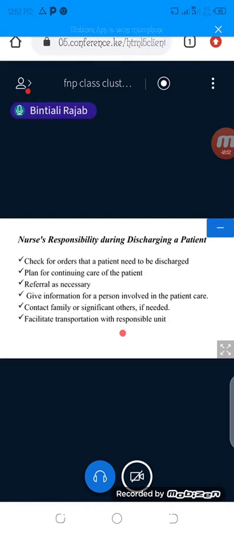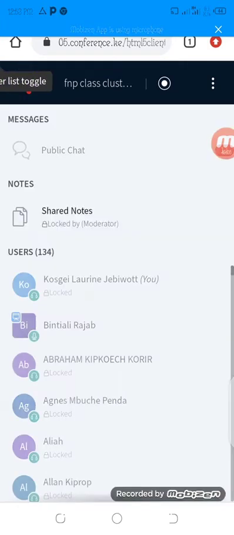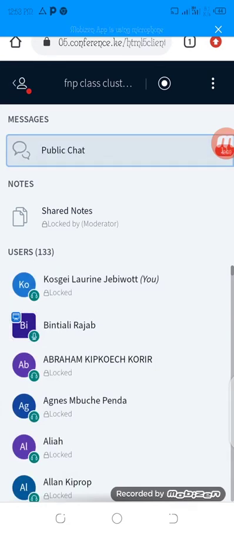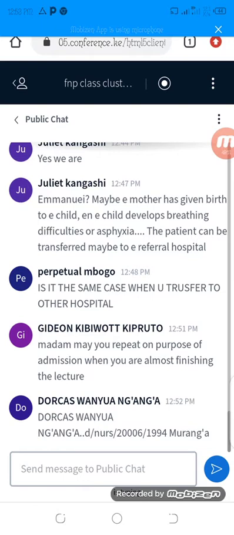Referral as necessary. If you are discharging the patient to go to another hospital, make sure that they have a referral note. A note that is telling them that the patient has been referred from hospital A to hospital B because of these reasons. Give information for a person involved in the patient care.